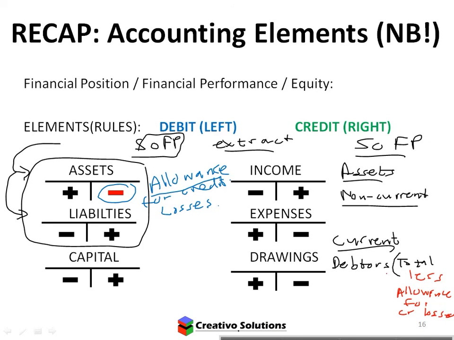Okay, that's what you're showing. Right, and that's disclosure. Okay, you'll see all of that later on when we actually do the question. Okay, so under your current assets, you'll see debtors, and you'll see the total, whatever it is, minus the allowance.